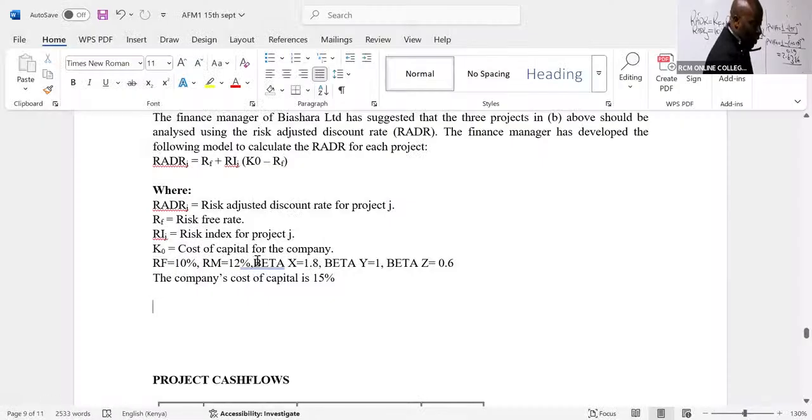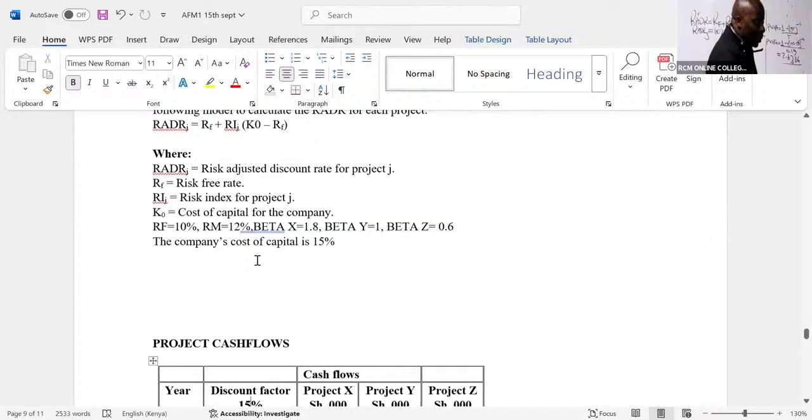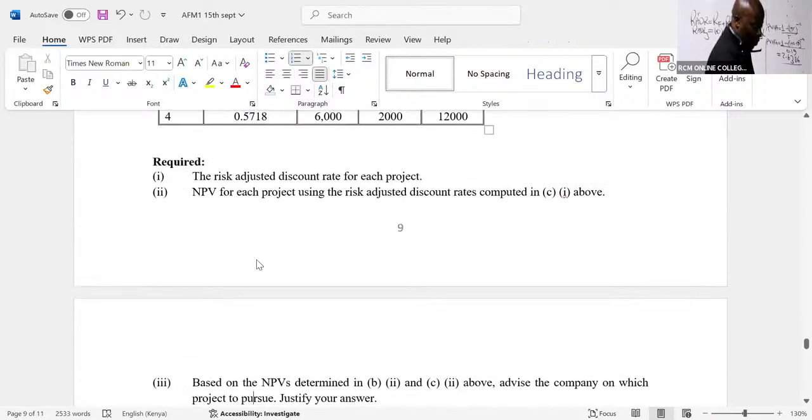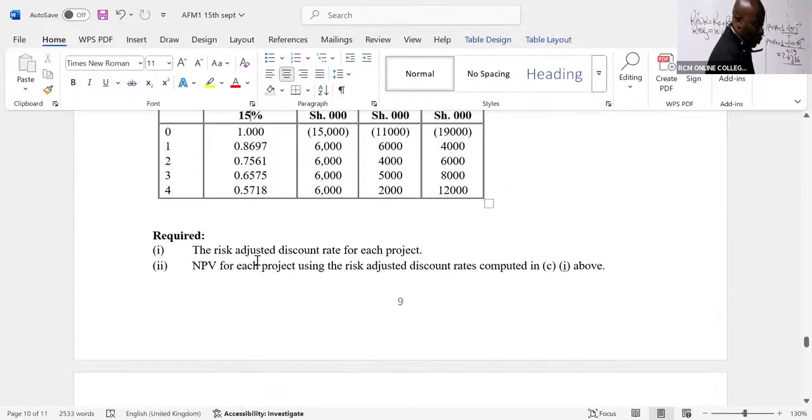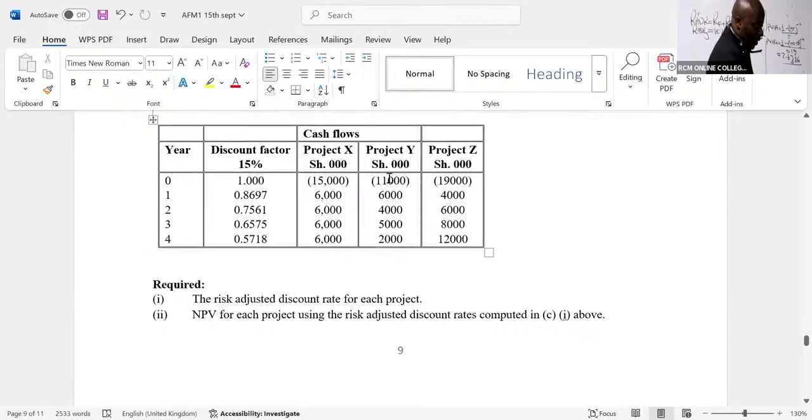Now that you've been able to get the RADRI for project Y, go ahead and discount the project's cash flows. You can see the cash flows of project Y are given here, in shillings millions.